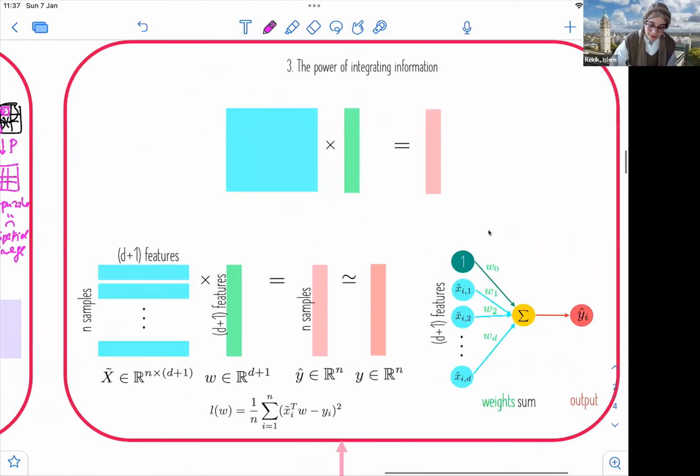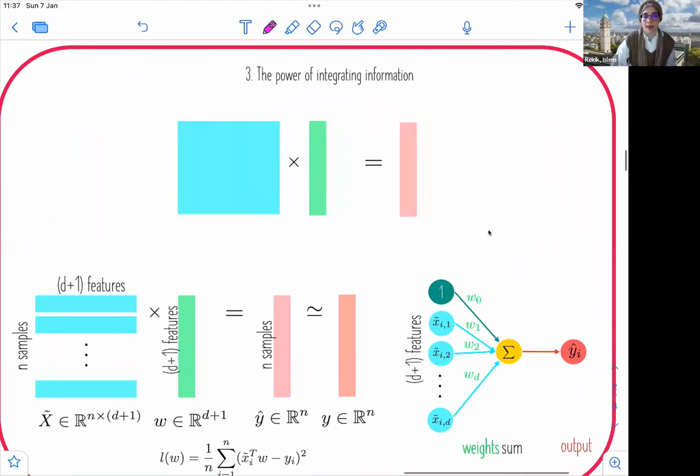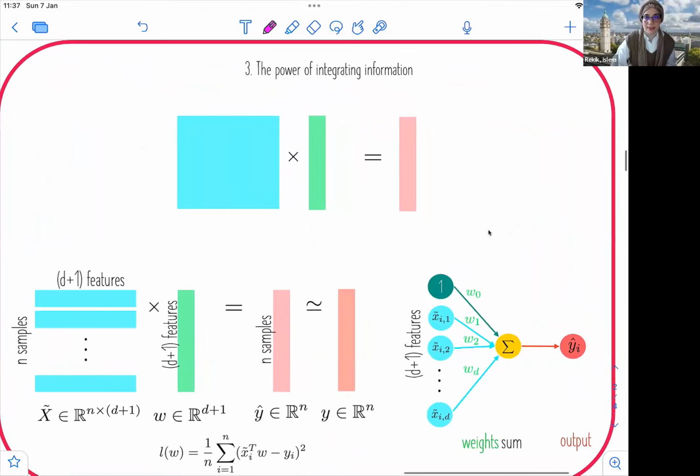And now we will look at the power of matrices, particularly the power of linear algebra and matrix multiplication by a vector. Let's say this is our adjacency matrix. We multiply it by V, and after we multiply it by V, we get an output vector.